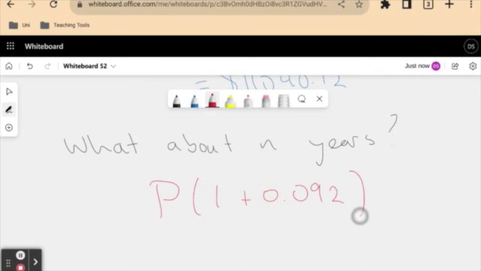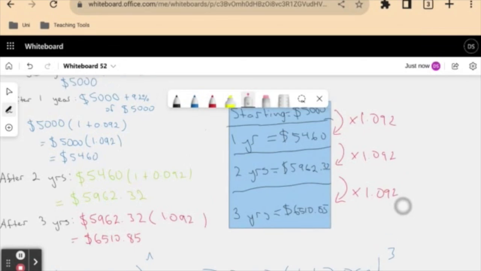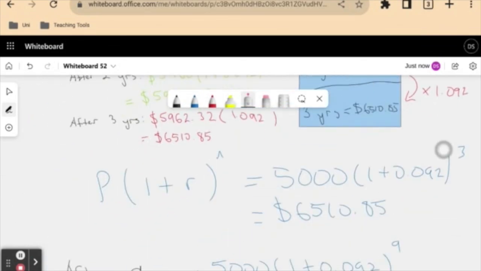But this all was raised to whatever amount of years we were looking at. So here we looked for 9 years. So this multiplication of 1.092 by itself, it happened 9 times.